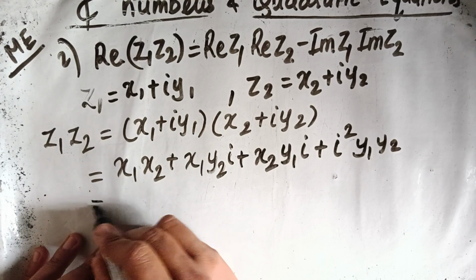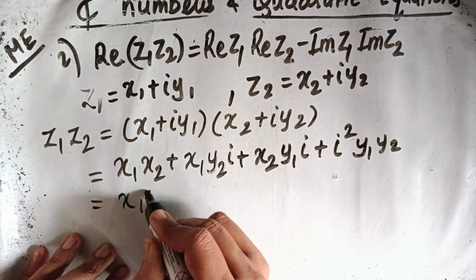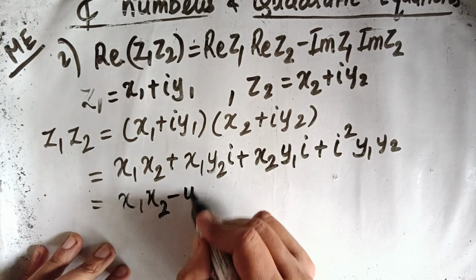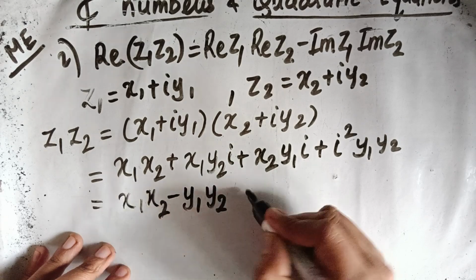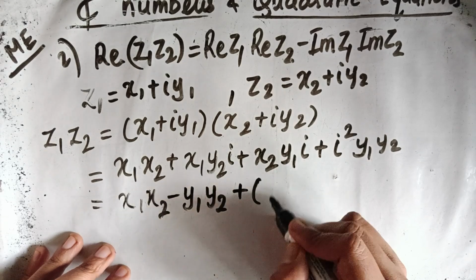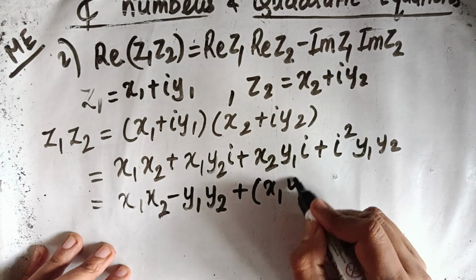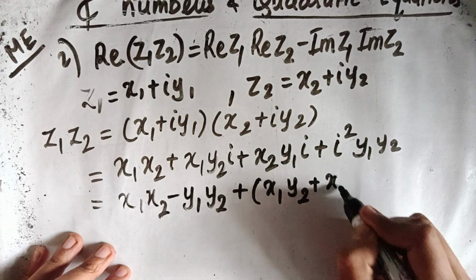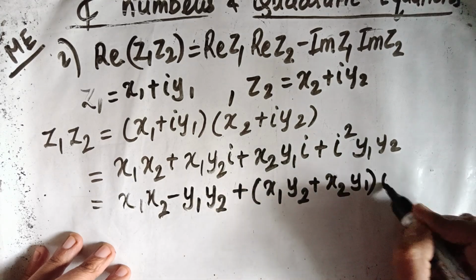Okay. So this is x1 x2 minus y1 y2 plus x1 y2 plus x2 y1 I.